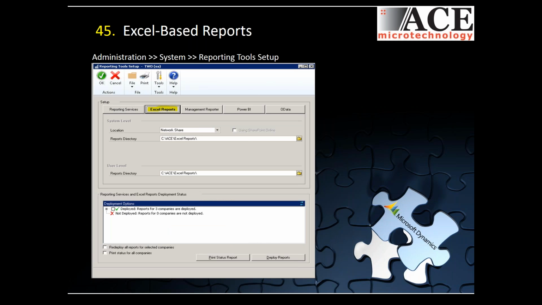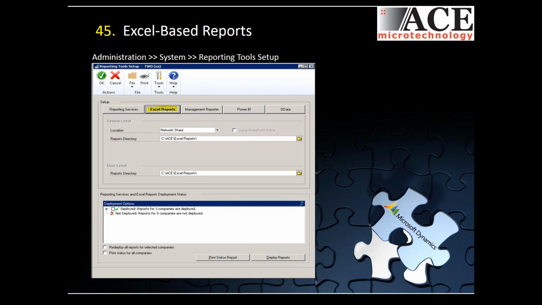45 and 46, Excel-based reports. I'm going to combine these two, but these are additional reports that are available to you, and you should have them deployed. If you don't, go back and check. Either get your IT to deploy them or call us and we'll deploy them for you.